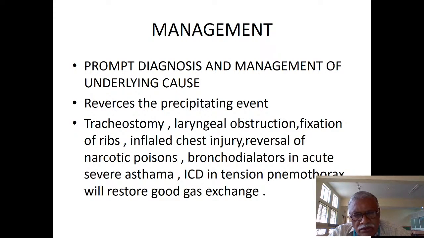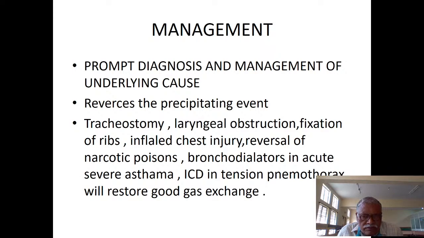In laryngeal obstruction interfering with breathing, you do a tracheostomy and improve the ventilation. In chest injuries with rib fractures, and in patients under narcotic poisoning who develop hypoventilation and respiratory failure, fixing the ribs will improve oxygenation.